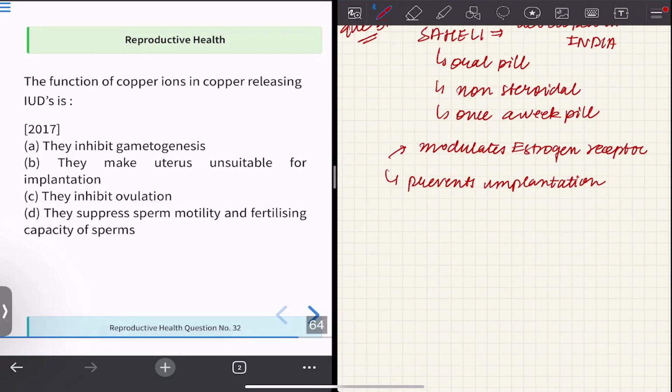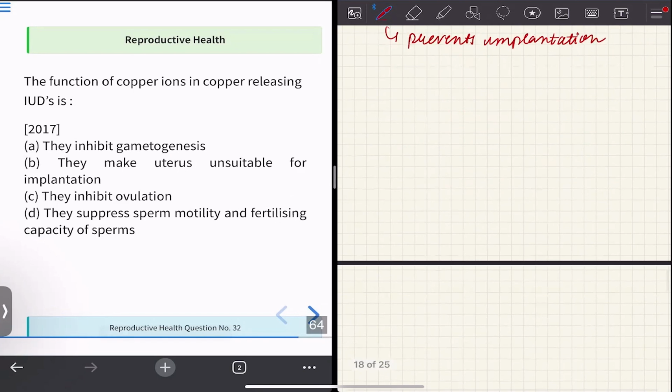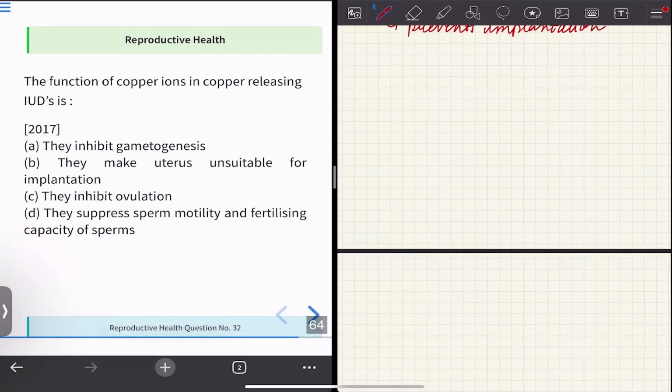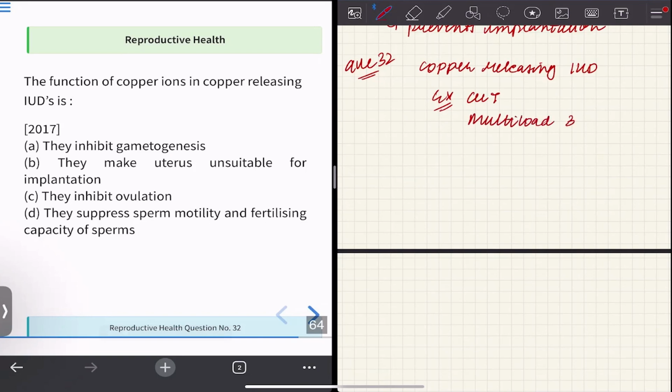Next, we have the function of copper ions in releasing intrauterine devices. Question number 13. We have copper releasing IUDs. Examples are Copper T or Multiload 375. What are the functions of copper?